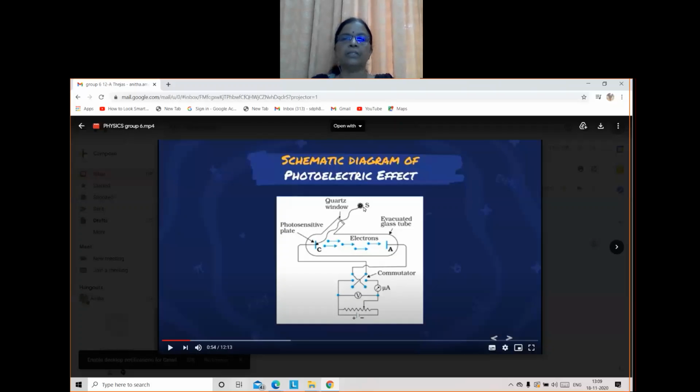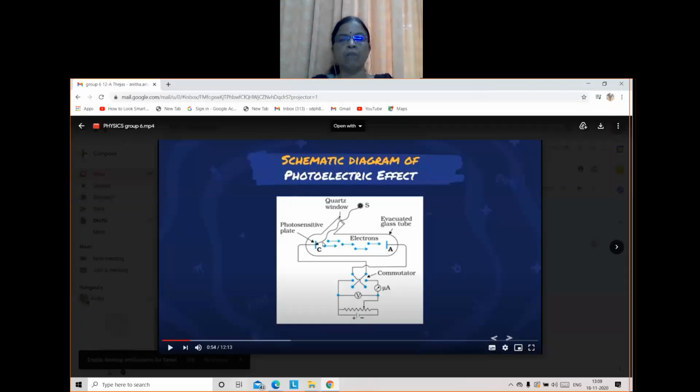So for such a radiation, a monochromatic source of light, the light will enter and fall on this plate. This plate is a photosensitive plate. That means when light of suitable frequency is incident, that is very important. Not any radiation, light of suitable frequency is incident on this metal.